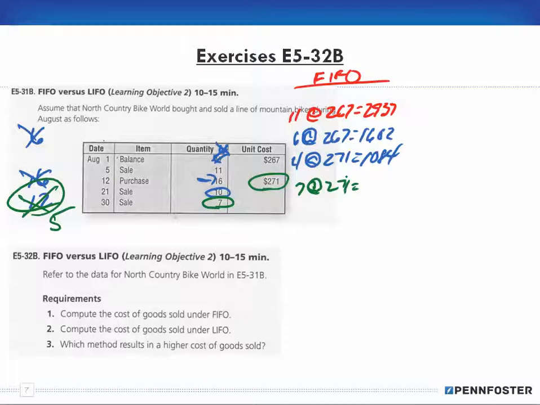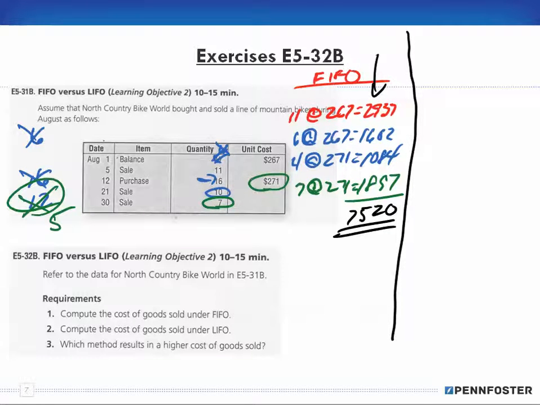So 7 times 271 is 1897. Then all we need to do is add all of those up. So we have 2937 plus 1602 plus 1084 plus 1897, which gives us our cost of goods sold ending being 7520. That's what it is for FIFO.